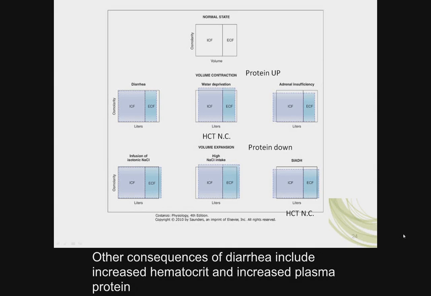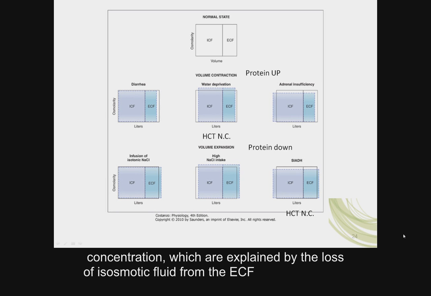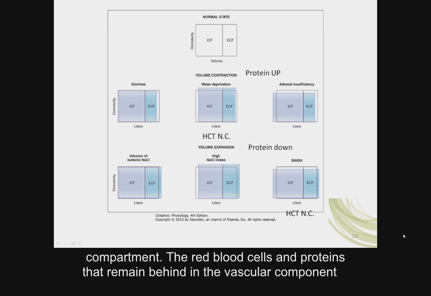The red blood cells and proteins that remain behind in the vascular component of the ECF are concentrated by this fluid loss. This is shown in the top picture with volume contraction on the left side, where it says diarrhea. That would be an isoosmotic volume contraction.